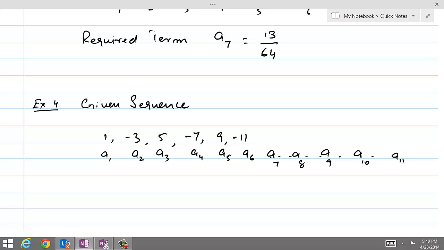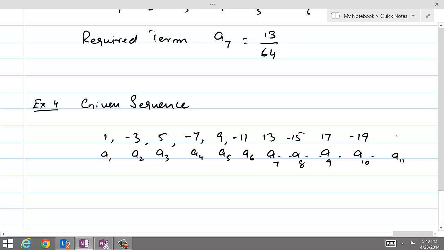7, 9, 11, but alternatively they are changing sign. So the next number would be 13, and the next would be minus 15, next number would be 17, and next number would be minus 19, and the next number would be 21 with positive sign.